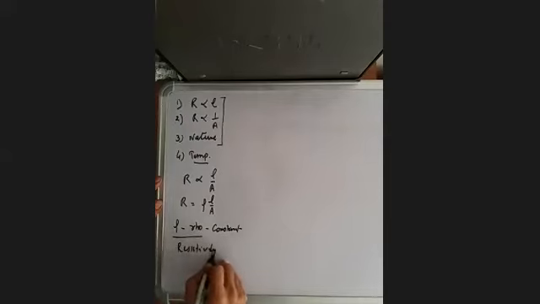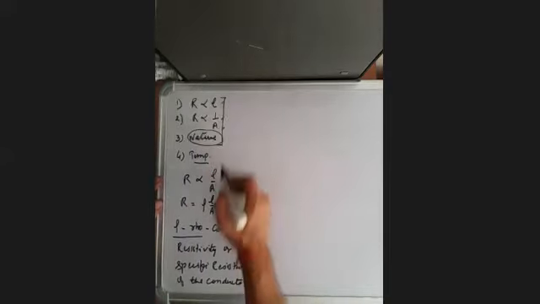It is called resistivity or specific resistance of the conductor, and basically it depends on the nature.